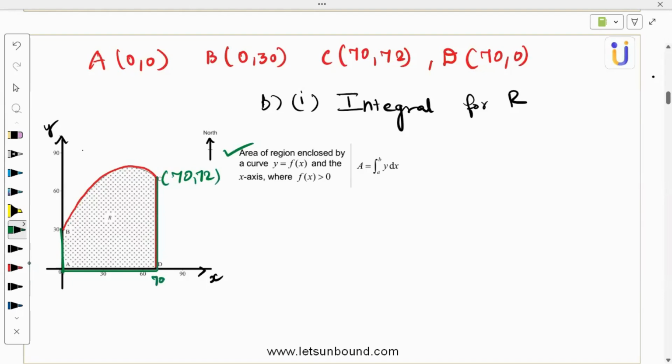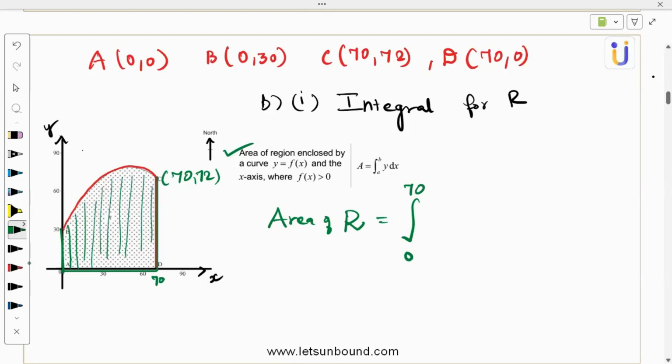So the integral for the area of the region is the integral from 0 to 70. What we are doing is splitting the region into rectangles across x, so that it's from 0 to 70. And what is the function? y dx.